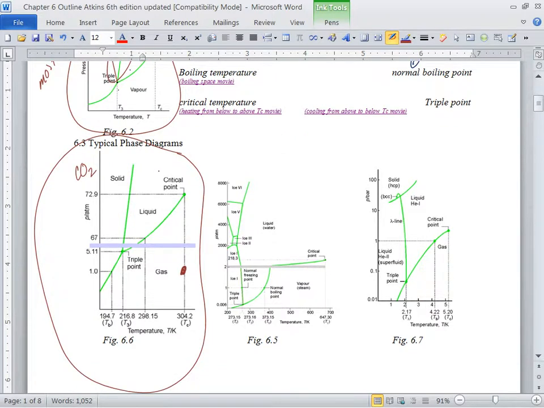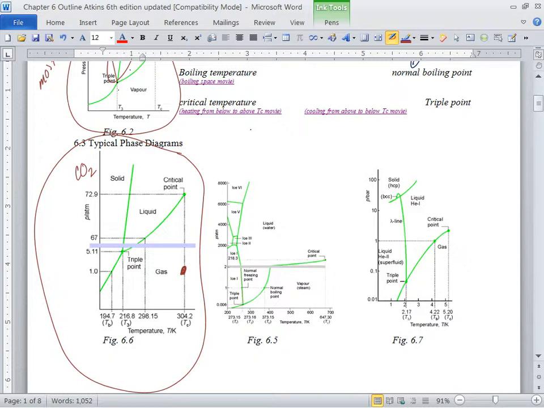So that's pretty much how all these work. Let's try another one. Jeffrey, what state am I if I'm at, let's say, 200 Kelvin and 1 atmosphere? What state should CO2 be in, or will it be in if you give it long enough? Gas. Everybody agree?